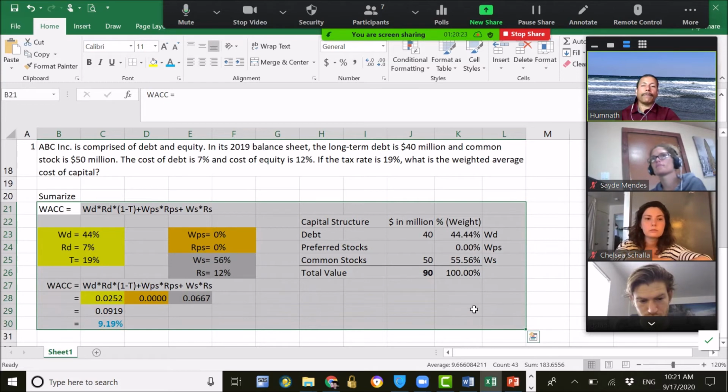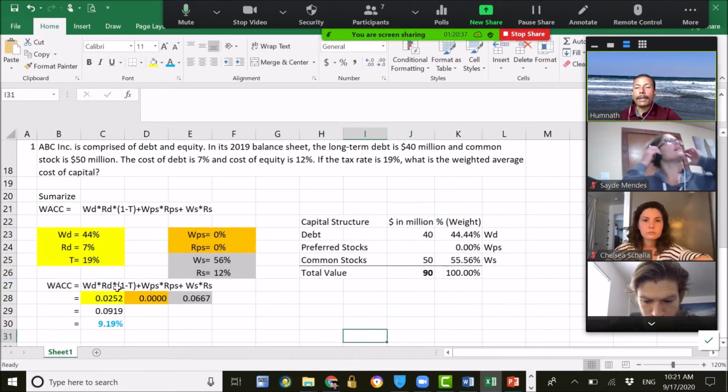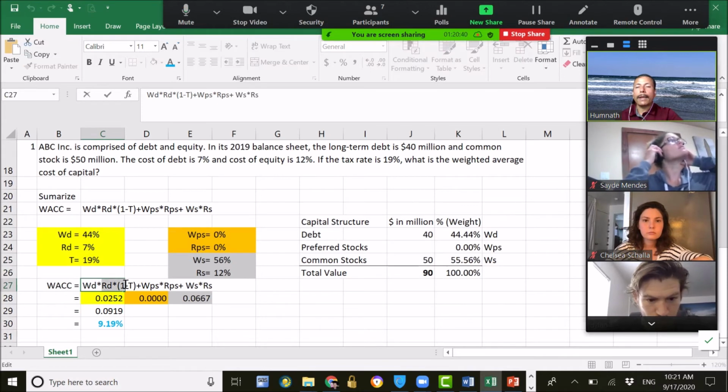What if you are asked to calculate only the after tax cost of debt? You are calculating only R sub D times 1 minus tax rate. Look at how easily you can do that.